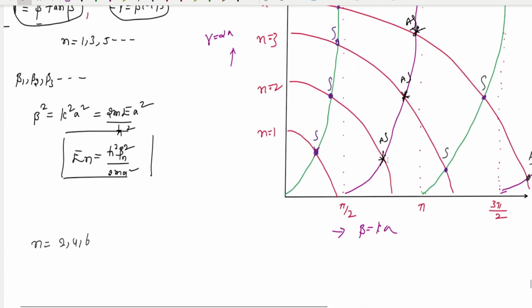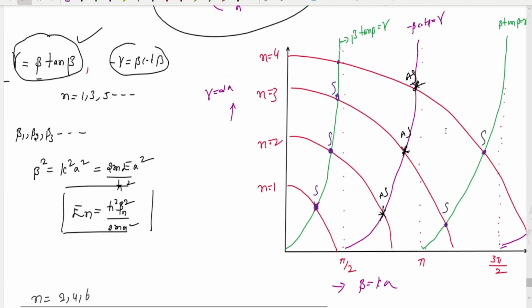The first intersection appears here, n equal to 2 here. This one is n equal to 4 here. See here, n equal to 1, n equal to 3, n equal to 5.